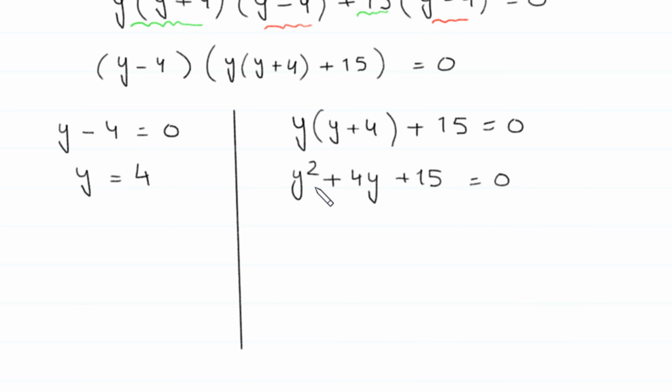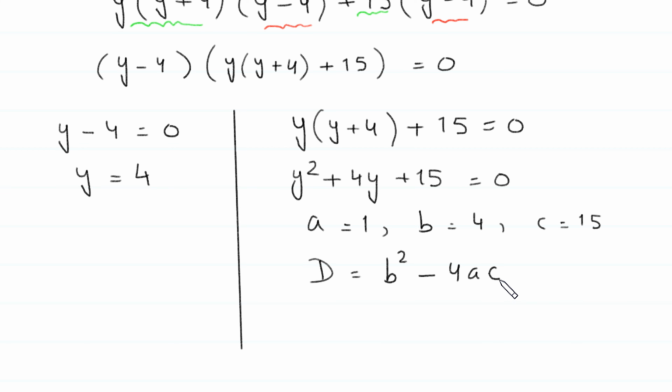Now this is a quadratic equation. First we find its discriminant and see whether the discriminant is less than 0 or greater than 0. In this equation, a is equal to 1, b is equal to 4 and c is equal to 15. And discriminant D is equal to b square minus 4ac.